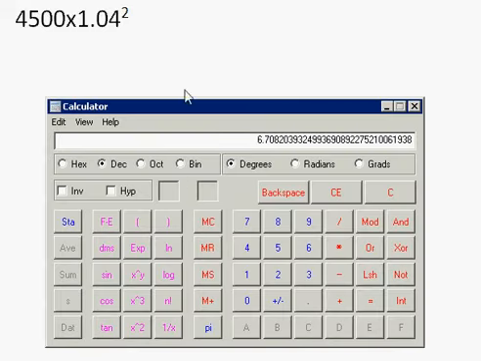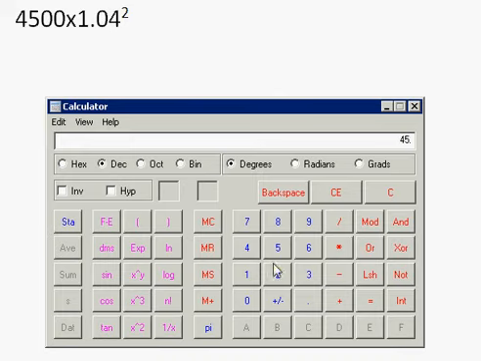A simpler way of writing this would be squared, because 1.04 times 1.04 is 1.04 squared. You can do that on your calculator, or you can do 1.04 times 1.04 if you can't find squared. I'll just keep things simple and do multiplied by.